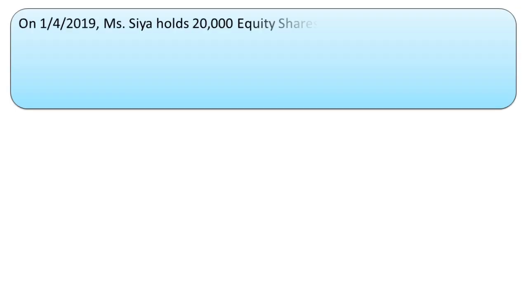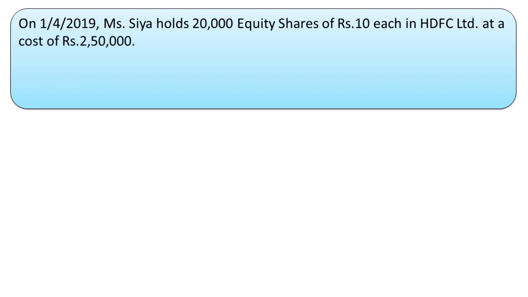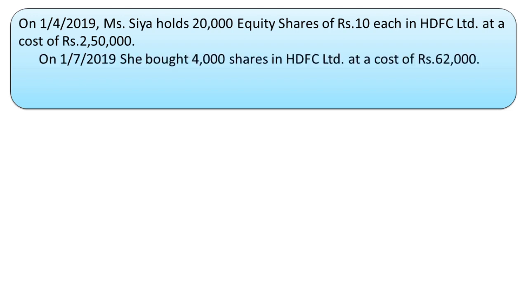On 1st April 2019, Miss Sia holds 20,000 equity shares of rupees 10 each in HDFC Bank at a cost of rupees 2,50,000. On 1st July 2019, she bought 4,000 shares in HDFC Limited at a cost of rupees 62,000.